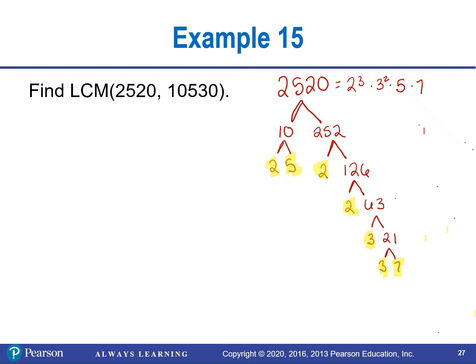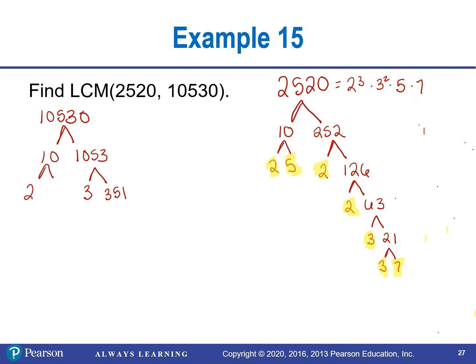Okay, now I need to find the prime factorization of 10,530. Again, I know that's divisible by 10, so 10 and 1,053. 1,053 is divisible by 3 because 1 plus 5 plus 3 is 9, which is divisible by 3. So it's 3 and 351.